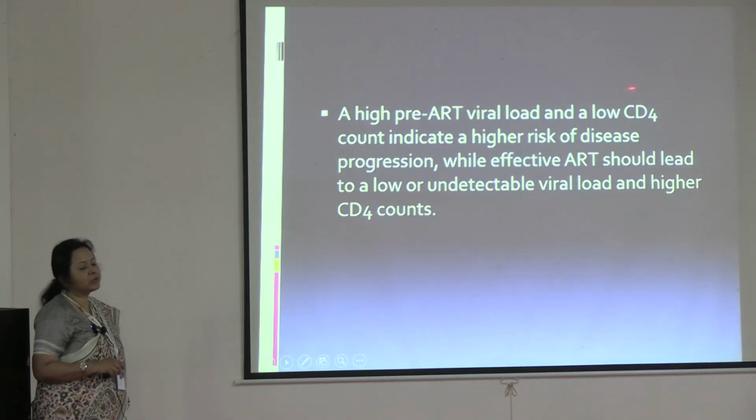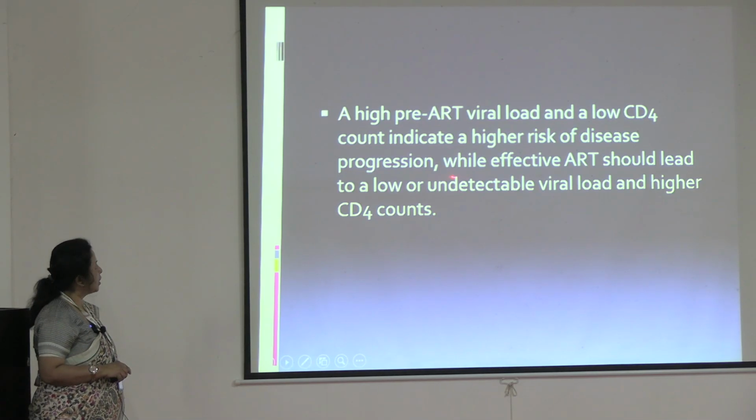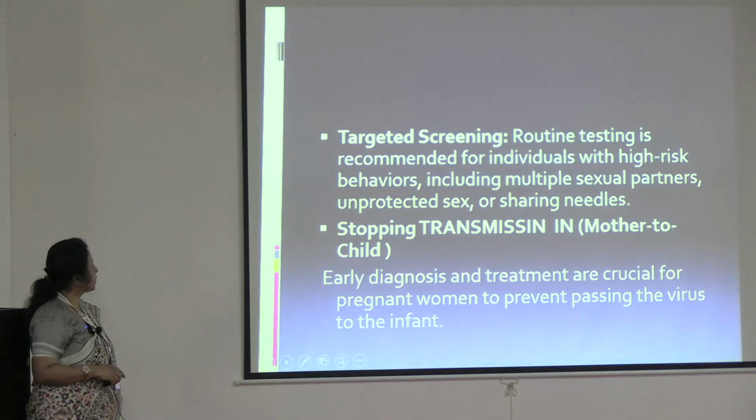So CD4 count is the count that we use for monitoring the prognosis of the disease or for the ART treatment, whether he is really responding or not. While effective ART should lead to a low or undetectable viral load and higher CD4 counts.